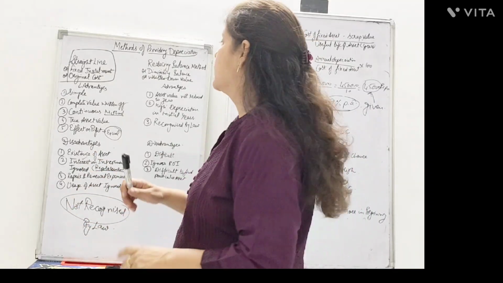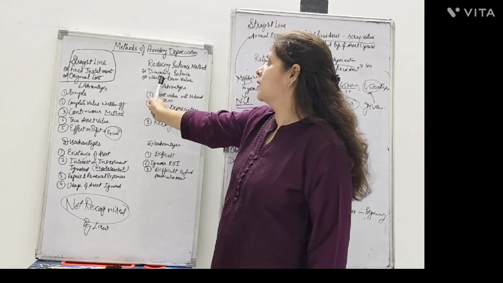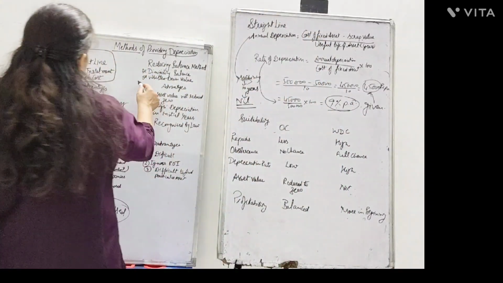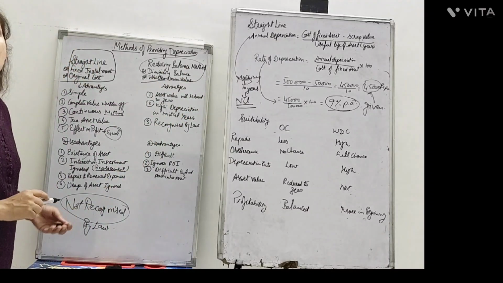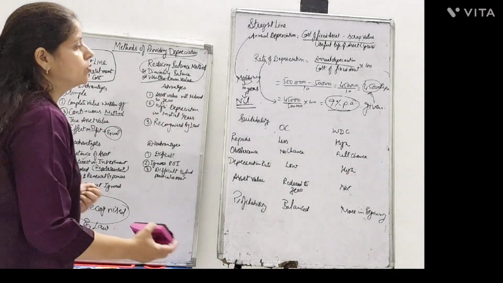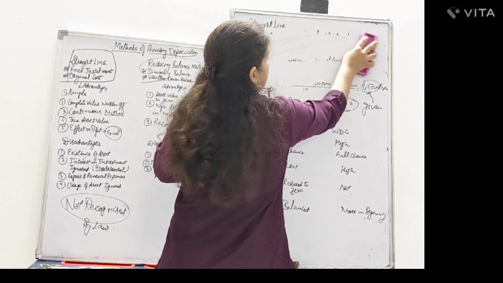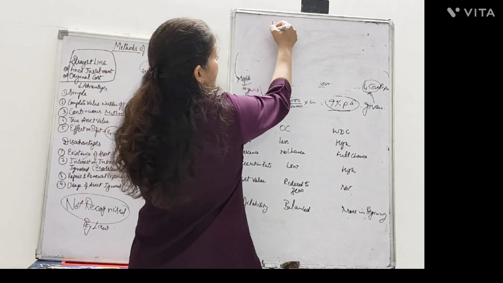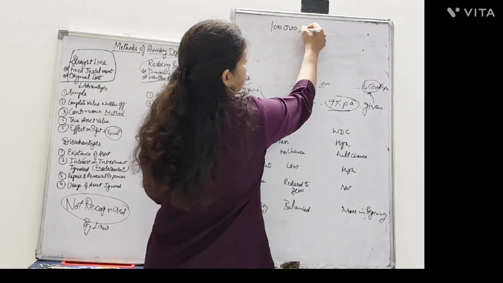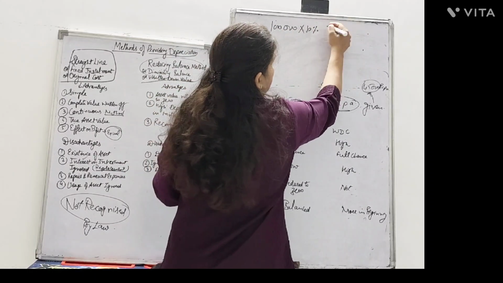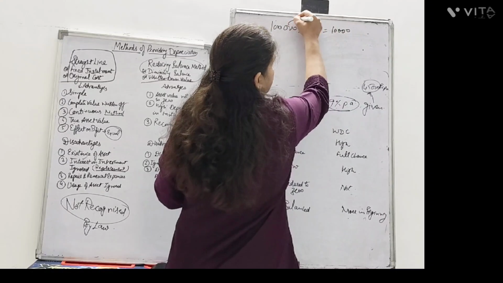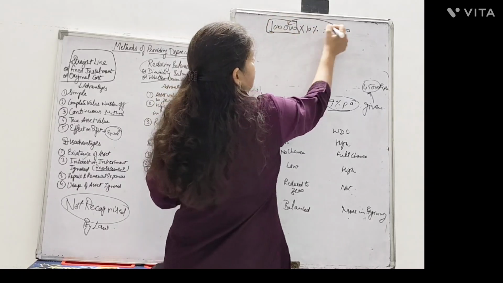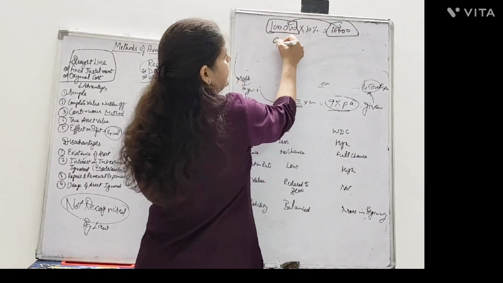Now coming along to another method, that is the reducing balance method, also called the diminishing balance method or written down value method. In this, the depreciation is always charged on the brought down value of the asset. What is the brought down value of the asset? If 1 lakh was the value of the asset and depreciation is charged at 10%, then 10,000 is the depreciation, and the leftover value of the asset is 1 lakh minus 10,000, that is 90,000.